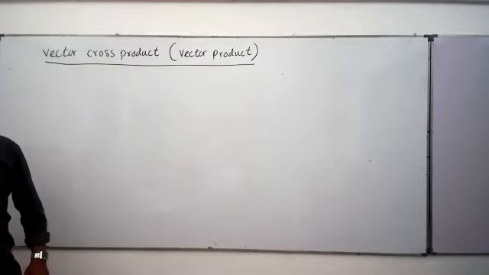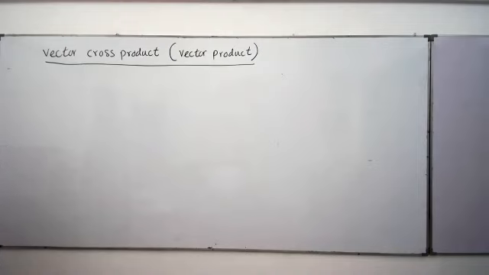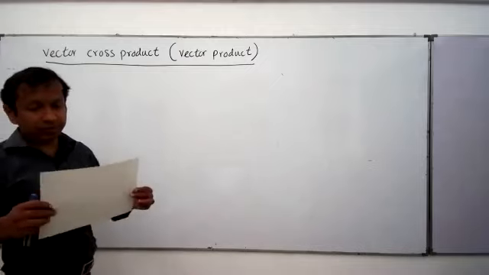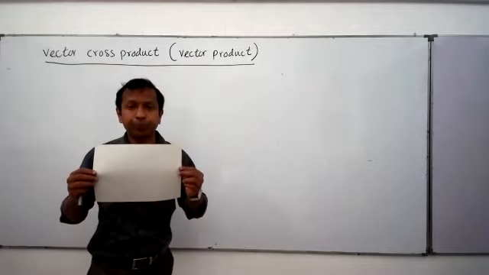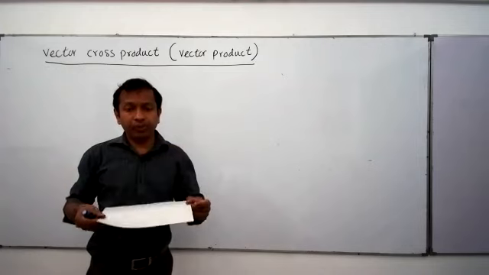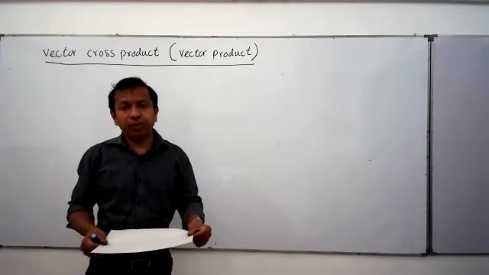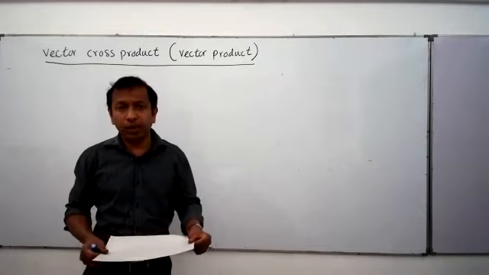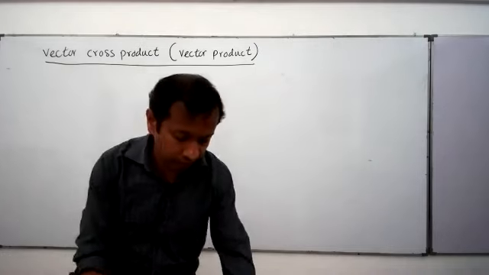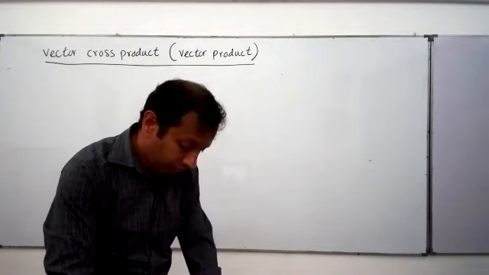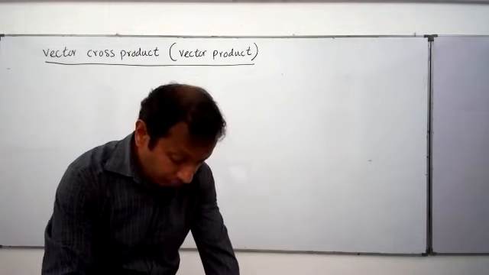I'll take this paper. Suppose this is a paper, you can see this is a paper. I keep this horizontal this way. On this paper, I am going to draw two lines like this. One is this, the other one is this.